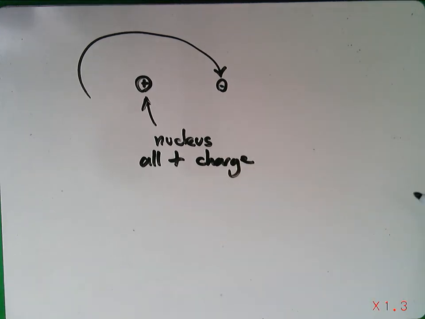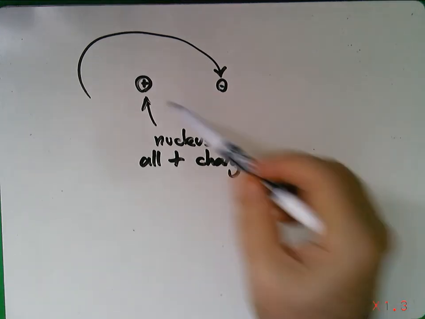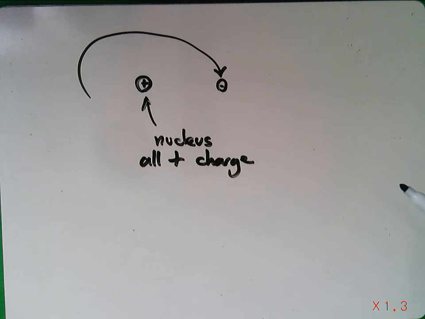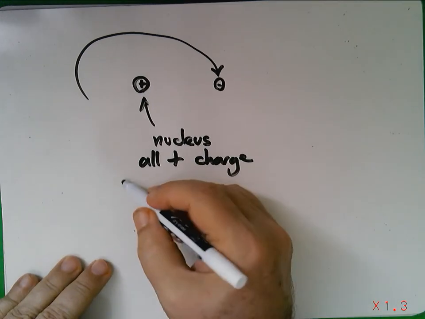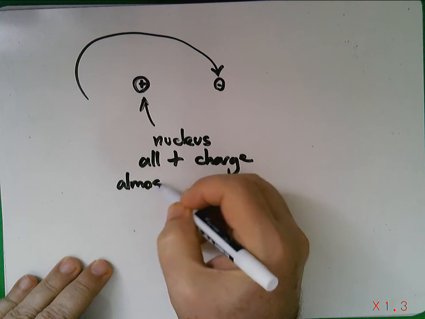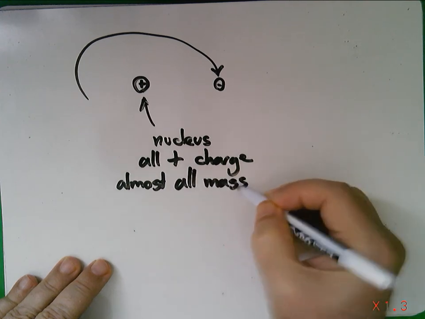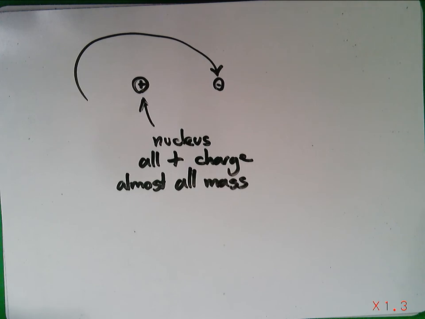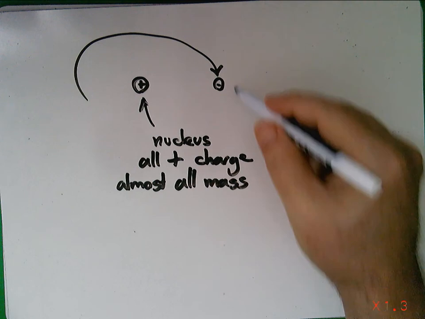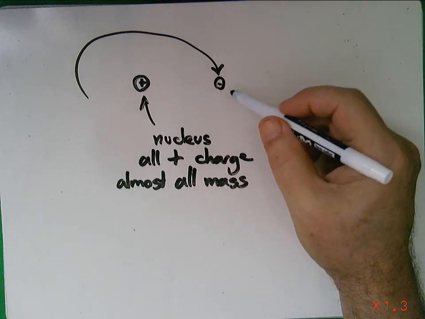And apparently from his calculations, this nucleus is massive. Almost all the mass is contained in the nucleus. It's all crunched into the center. And this is a very lightweight particle here.